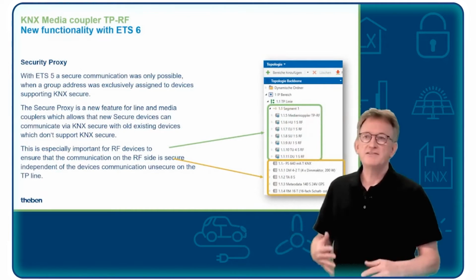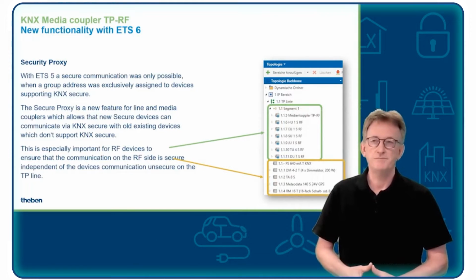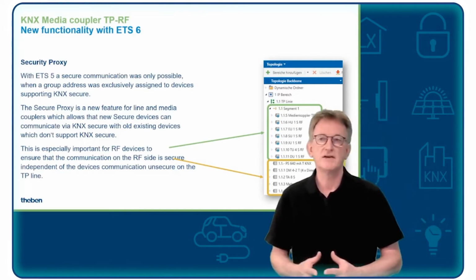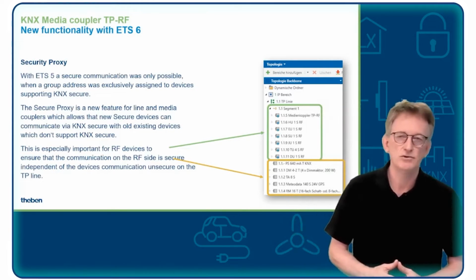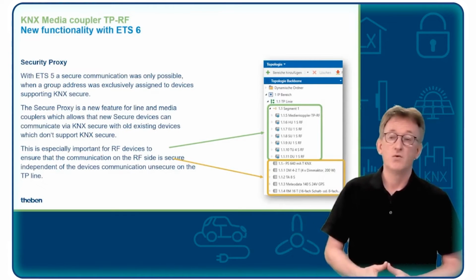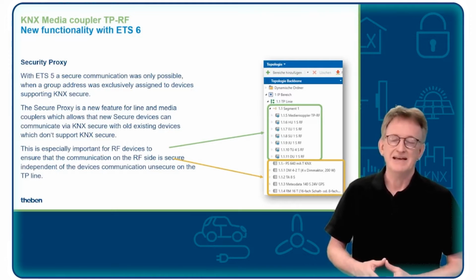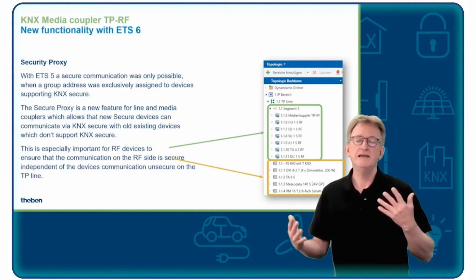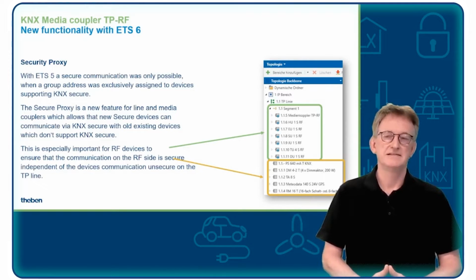So now I have a second topic for you, and that's also pretty important, especially when we are talking about RF. You know, RF, you are sending your KNX telegram via the air, via electromagnetic signals. And you cannot control who can really hear and read those kind of signals, those kind of telegrams.